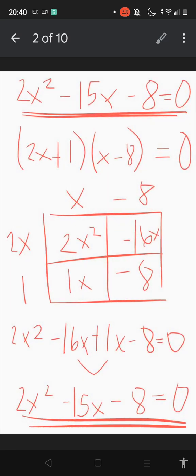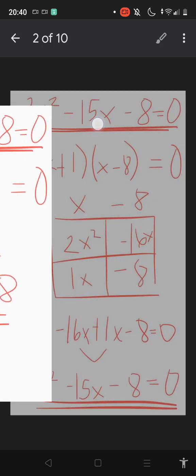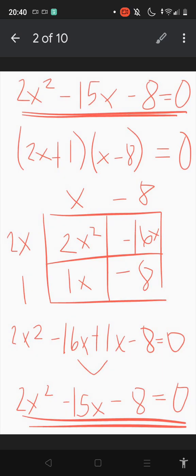To check if 2x plus 1 and x minus 8 are the right factors of 2x squared minus 15x minus 8, we can use the FOIL method or the grid method, as you can see here. We put x minus 8 here, and then 2x plus 1.